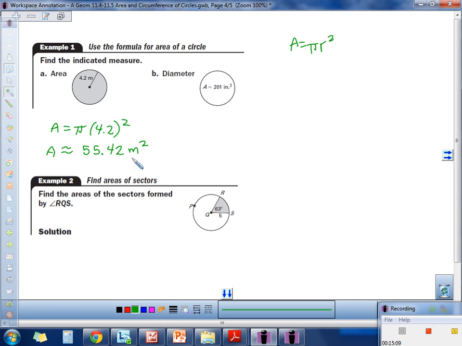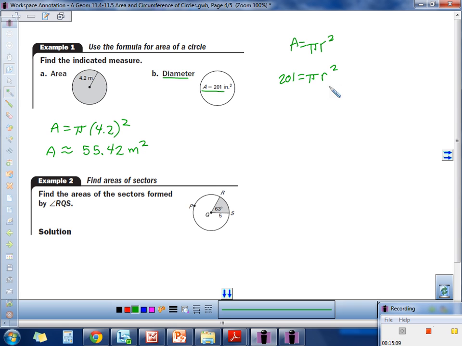The other one is a challenge problem for some people. This next one tricks a lot of people, but you got to be able to do this algebra. On this next one, they say find the diameter when you know the area. So think about your formula. Plug in what you know. We know the 201 for area. We know the pi. And radius squared is the piece that's a little bit different.